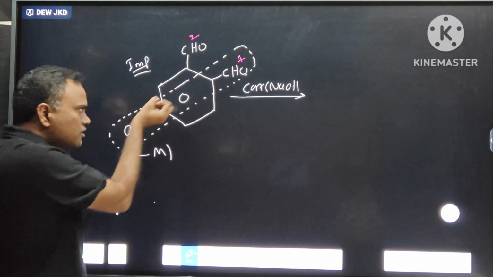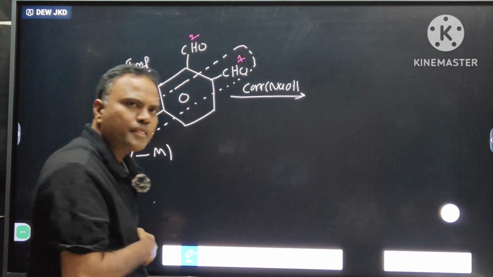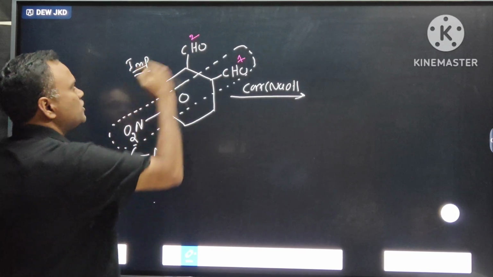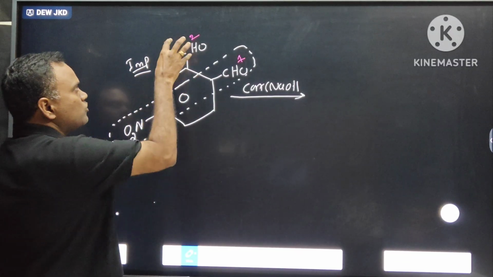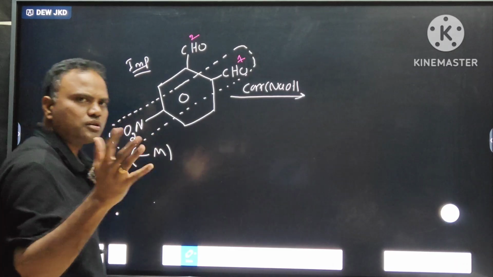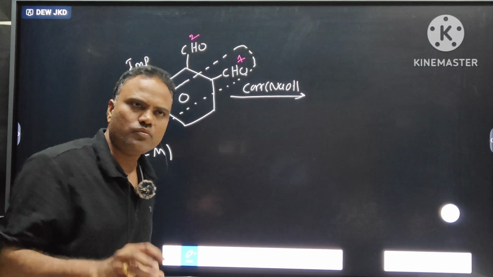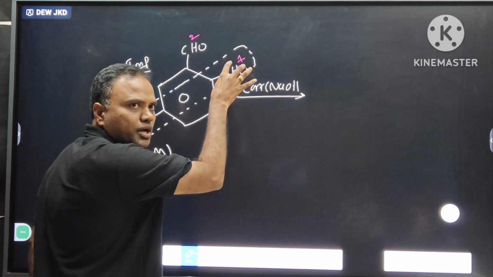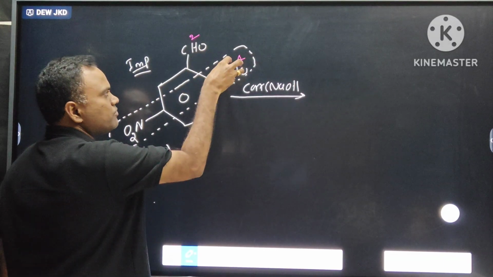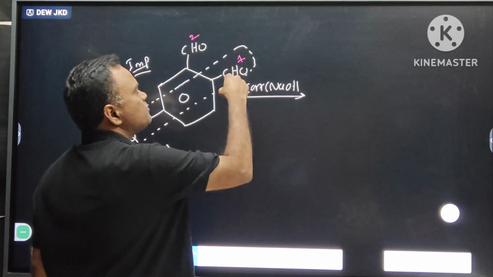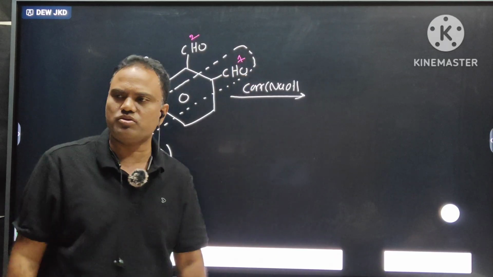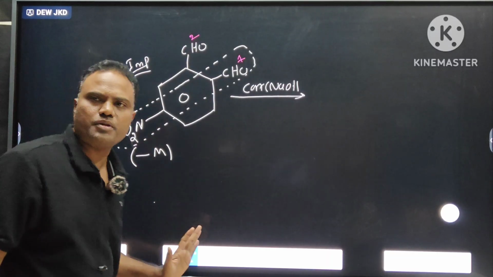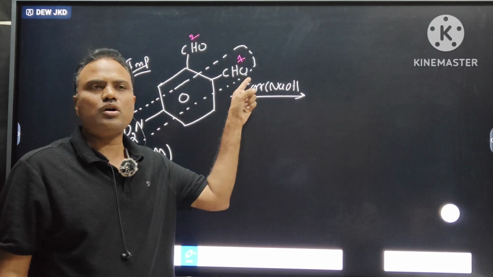So NO2 withdraws electrons from the first aldehyde only. From the second aldehyde it won't withdraw, because it is in the meta position. NO2 takes electrons from the group which is para to it. CHO is para to it now. So here a large positive charge will be present. Clear? So OH minus preferentially attacks the first aldehyde.